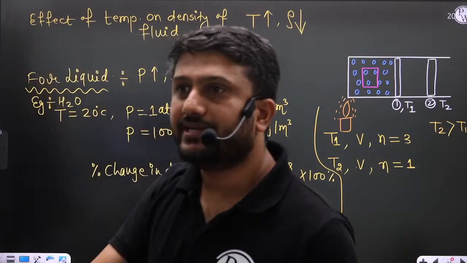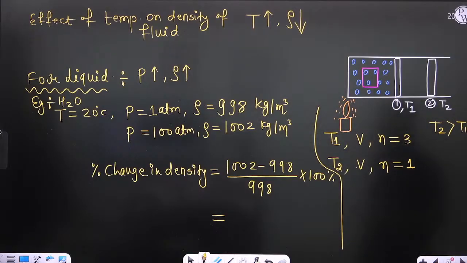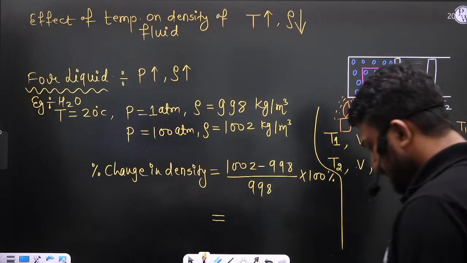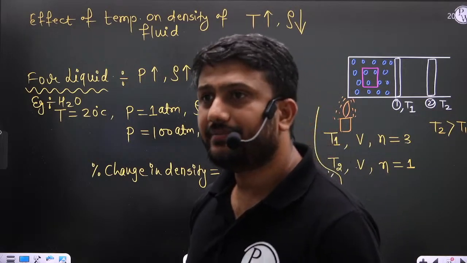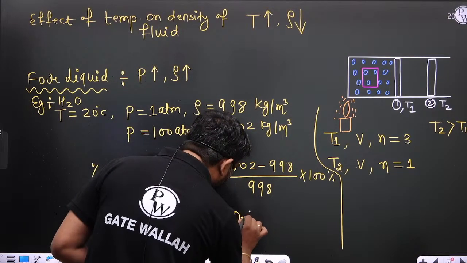In percentage, 1002 minus 998 upon 998 into 100%. So it is 0.4%.